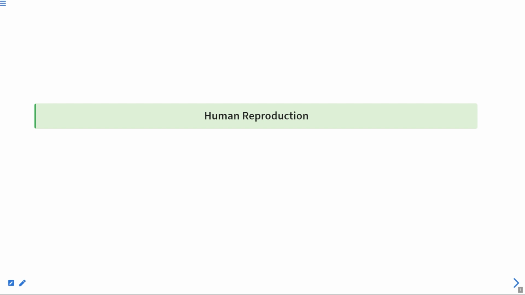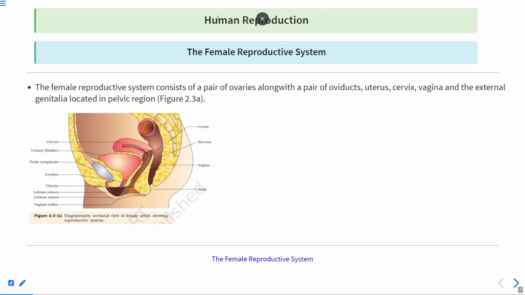The primary sex organ in male is the testes, and in female it is the ovaries. These testes and ovaries produce the male and the female gamete respectively, and they also produce the sex hormones. Clear? So now in this lecture, we'll be discussing the female reproductive system. Let's start.